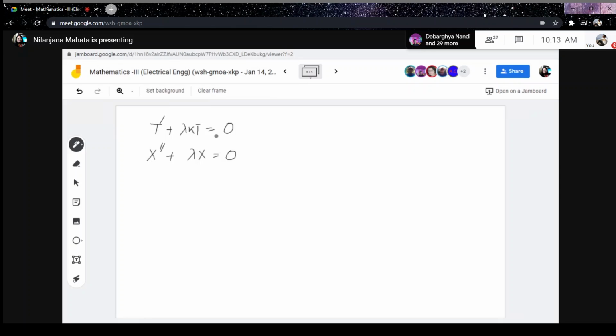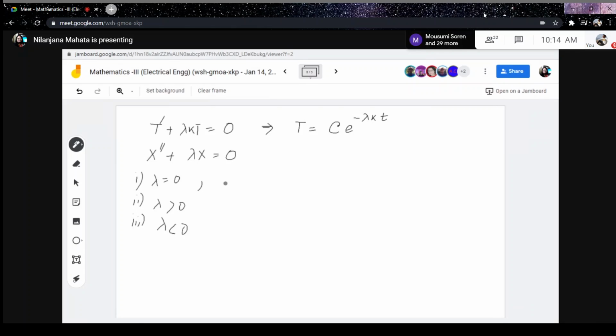So we will solve this, and what will be the solution of the first equation? T is equal to a constant times e to the power minus lambda kt. For this, there will be three cases: lambda 0, lambda greater than 0, lambda less than 0.